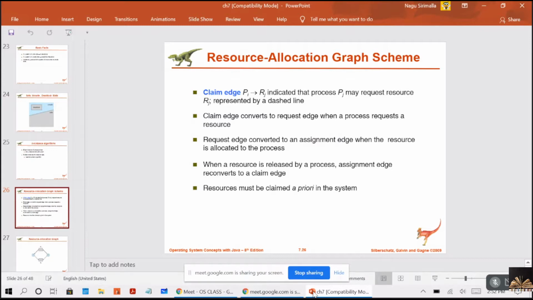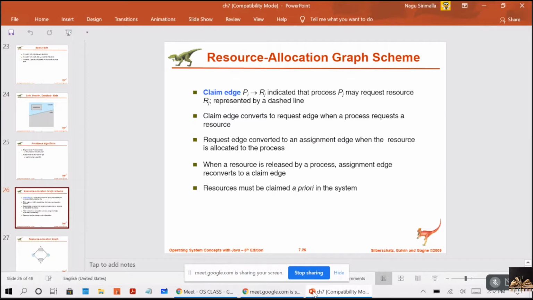You are getting me? Initially it will be a claim, but when Pi is requesting Rj, the claim edge is converted to the request edge, and when the resource is released by Pi, then the assignment edge is converted to a claim edge again.